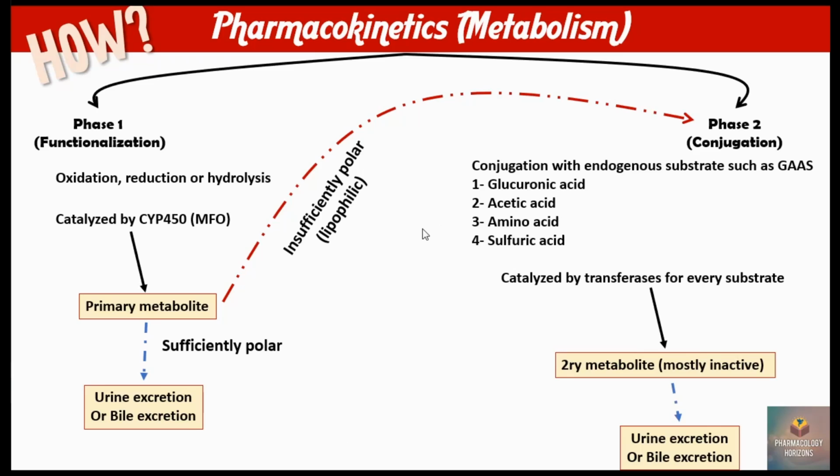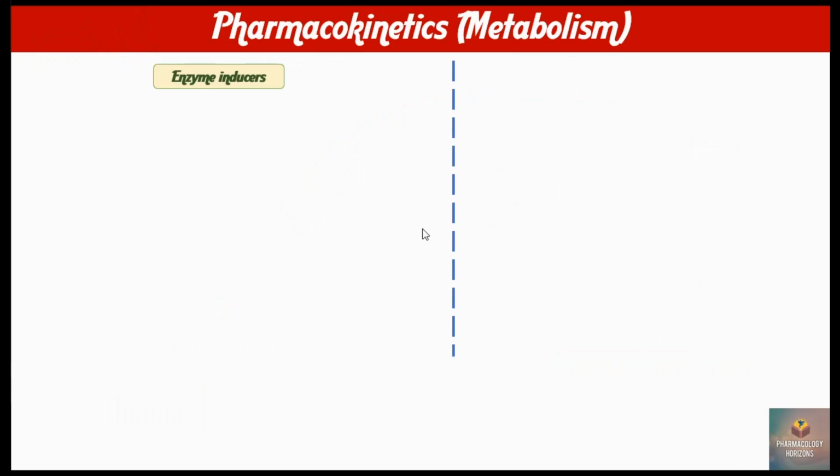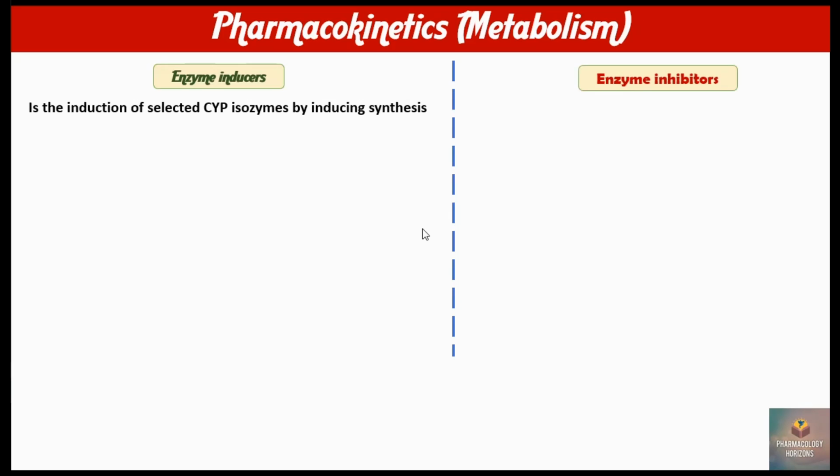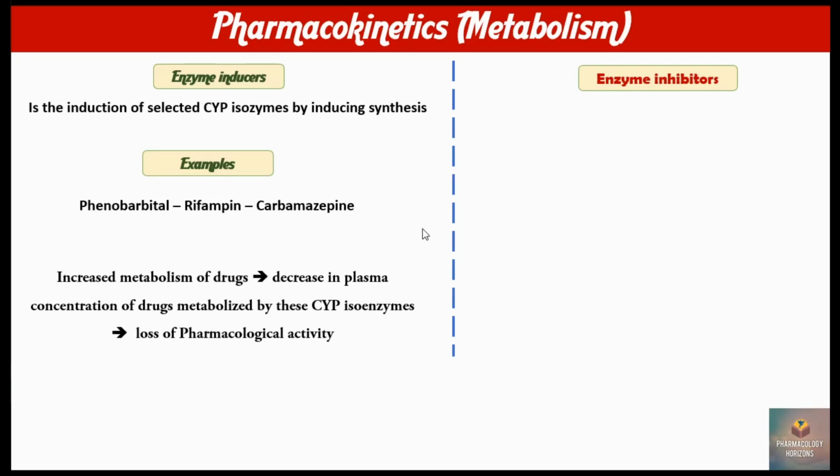Another thing about metabolism is that it can be either induced or inhibited by some drugs. So we are going to have a talk about inducers and inhibitors. Enzyme inducers like phenobarbital, rifampin, and carbamazepine induce synthesis of cytochrome P450 enzymes, or CYP450 enzymes. So metabolism of any drug taken concomitantly with these drugs will be faster than usual, and this will lead to faster loss of pharmacological activity.